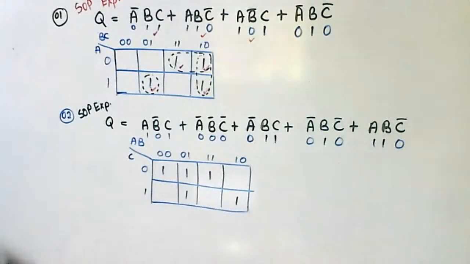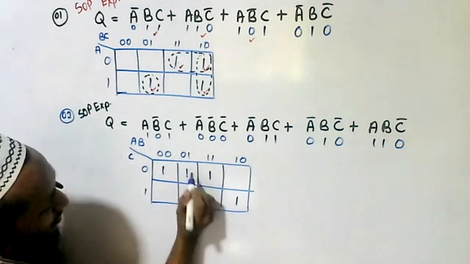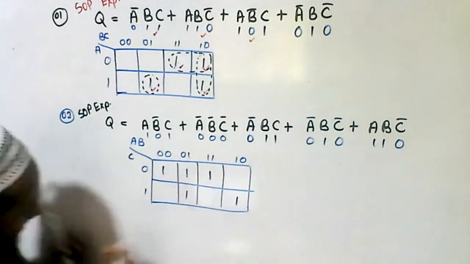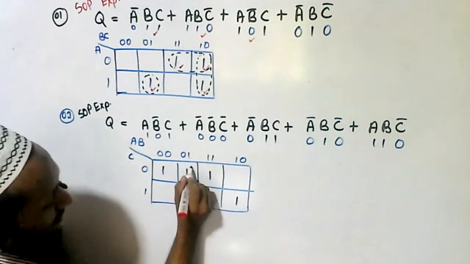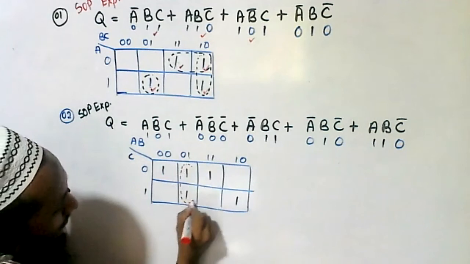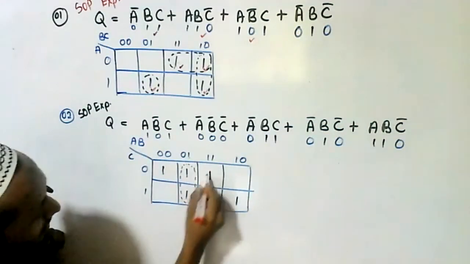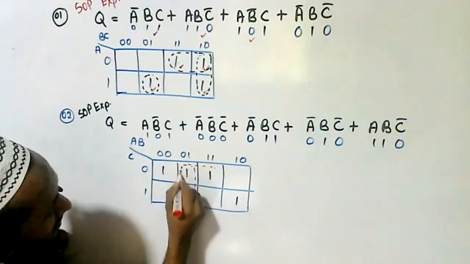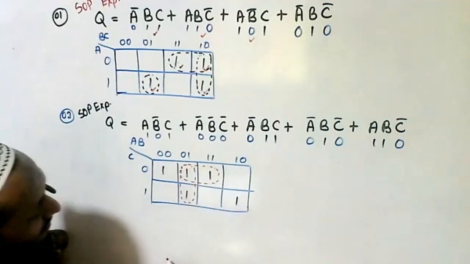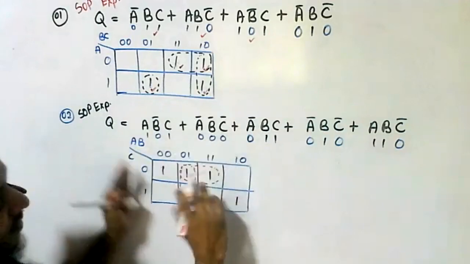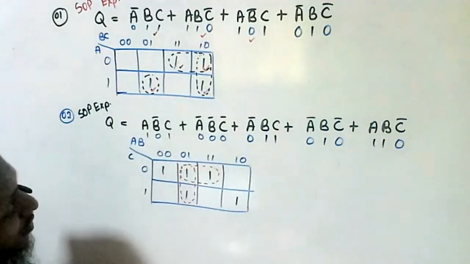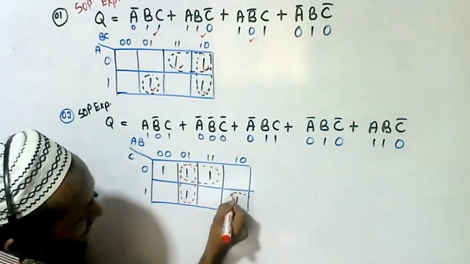How to group it? Yeah, we can group like this, and like this. And this one, I told you, top to bottom, left to right, and wrapped around. So we can group like this.